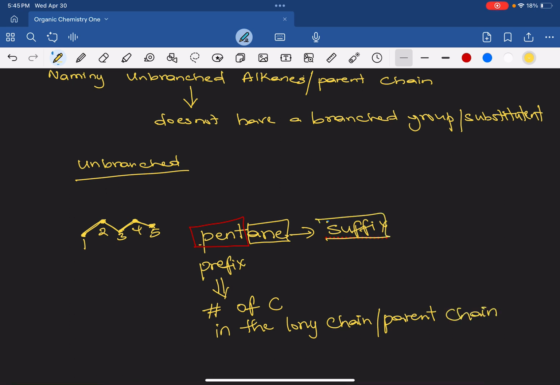And the suffix tells me the class of compound that the molecule belongs to, okay? So an unbranched alkane, when you name it, the name has a prefix and it has a suffix. Prefix tells you the number of carbons in the longest chain, and the suffix will tell you the class of compound, the class that the compound belongs to.